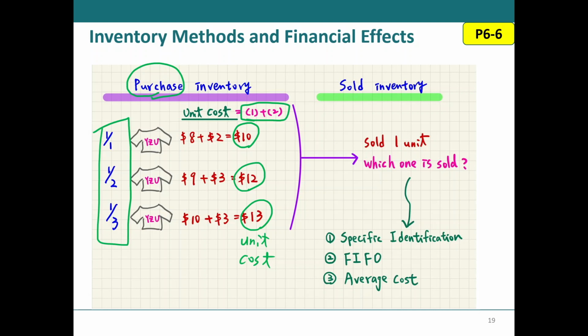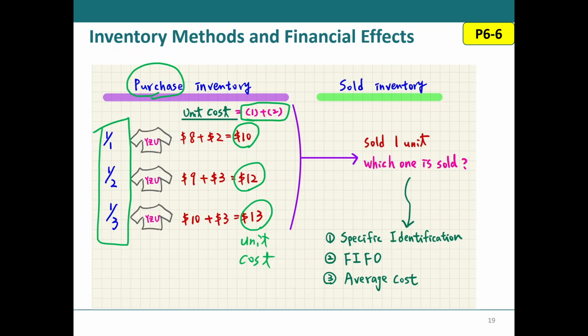So what's the problem? The problem is when we are going to sell the inventory, 1 unit, for this case, could you tell me which unit was sold? You purchased 3 units, right? Which unit was sold? Because at different dates, they have different unit costs.